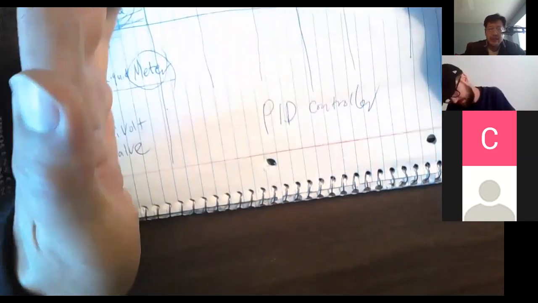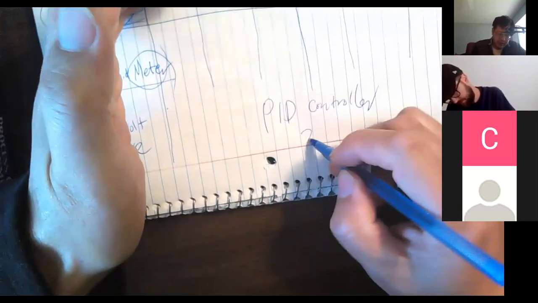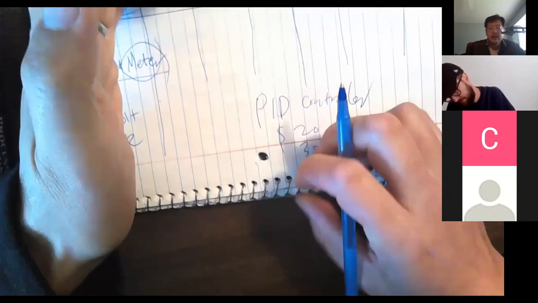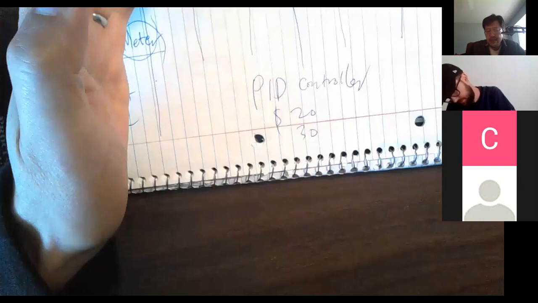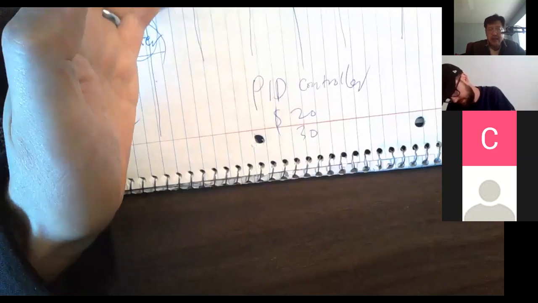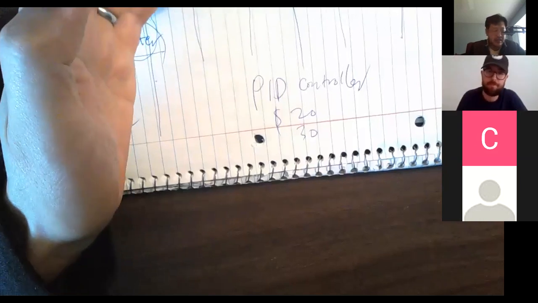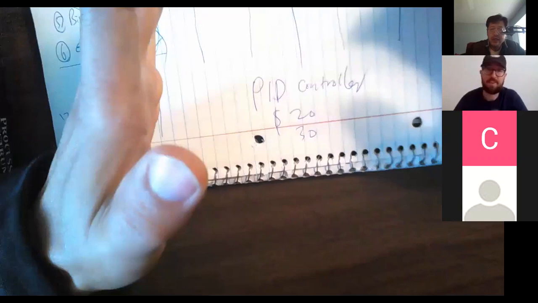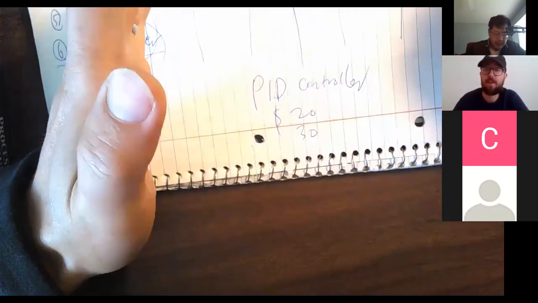Fortunately, this PID controller is very inexpensive, like $20 or $30 from Amazon. So why not we just buy it? Because hands-on is always the best way to learn. And in this class, we talk about the PID controller. So we will ask everybody to buy one PID controller.